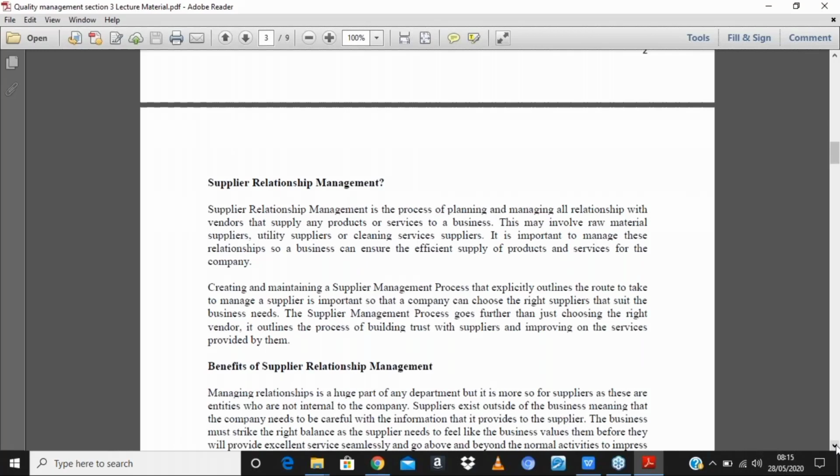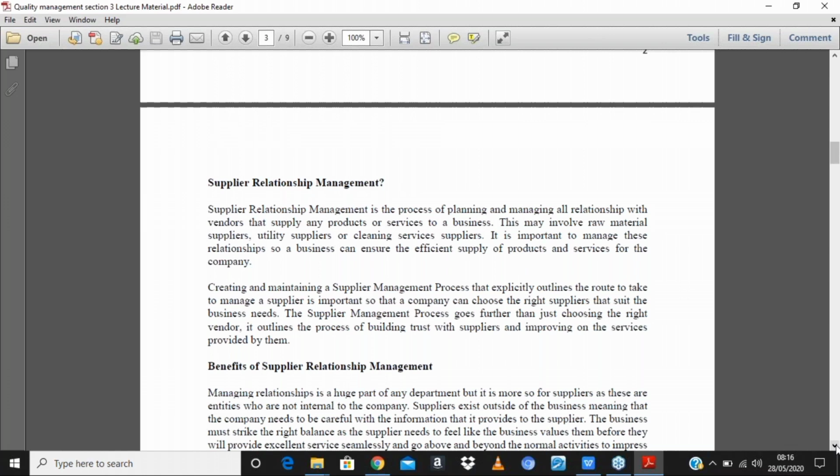So what is supplier relationship management? Supplier relationship management is the process of planning and managing all relationships with vendors that supply any product or service to a business. So the effective and efficient management of the relationship with all those who supply services or products to you is what we call supplier relationship management.